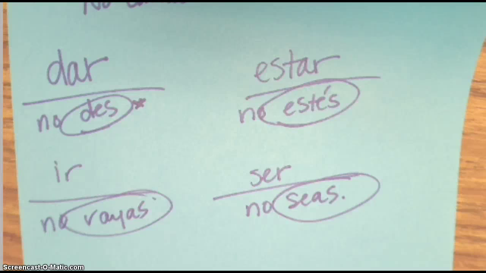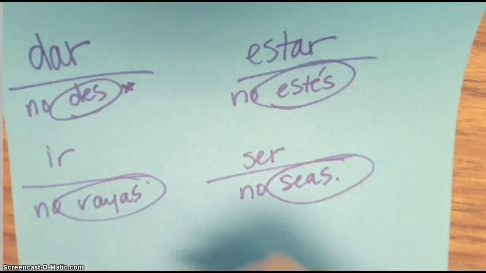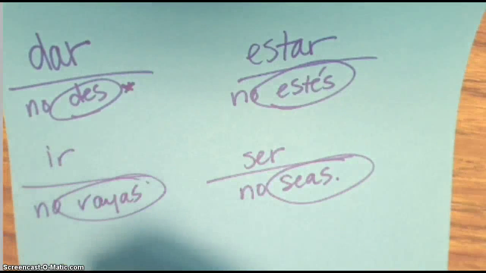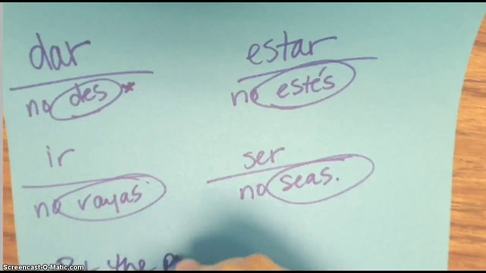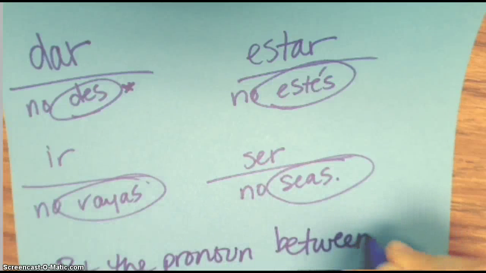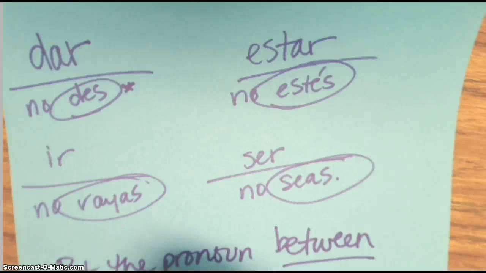The big deal with negative tú commands is that with any kind of negative command, negative tú, negative usted, negative ustedes, anything, you're always going to put the pronoun between no and the verb.